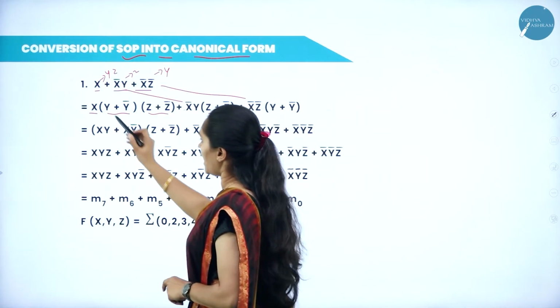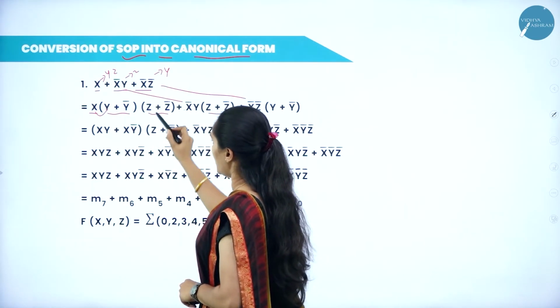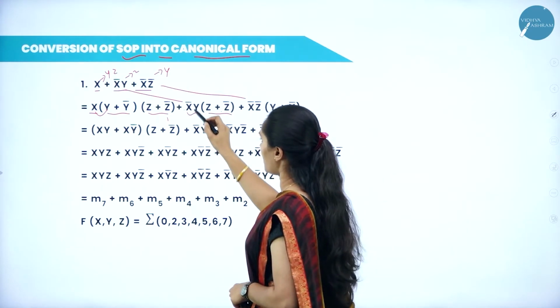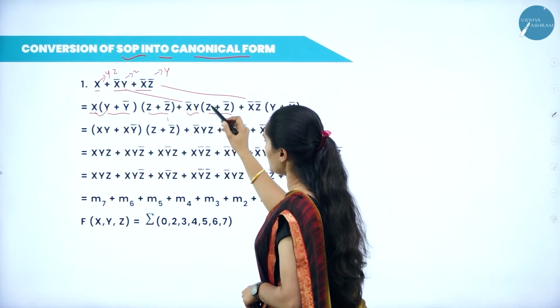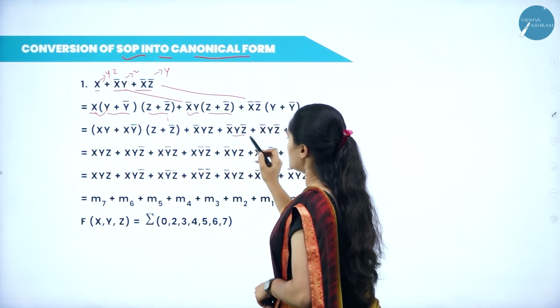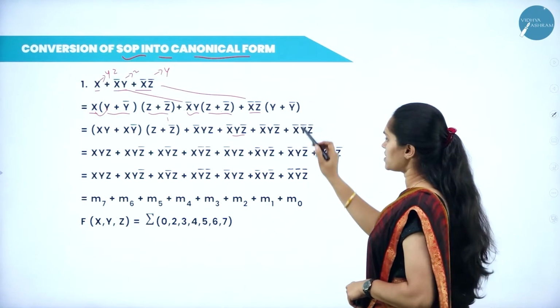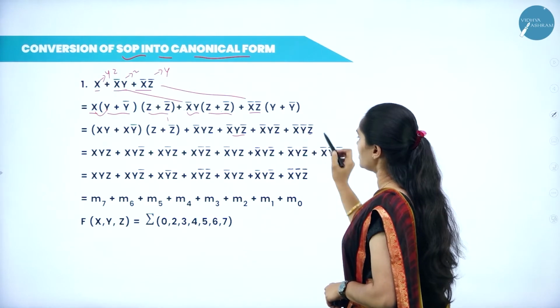After that I have to multiply. x into y plus y bar into z plus z bar will be as it is. Here x bar y will be multiplied with this value, so that x bar y z plus x bar y z bar, plus x bar z bar will be multiplied with y plus y bar, so that x bar y z bar plus x bar y bar z bar.